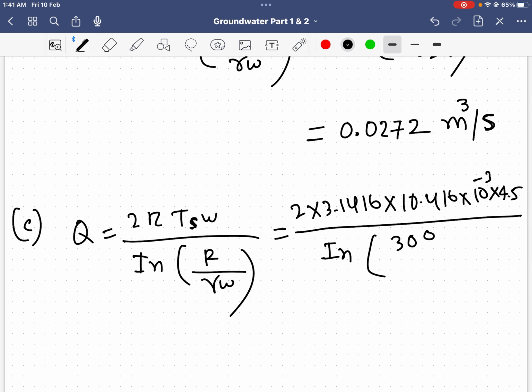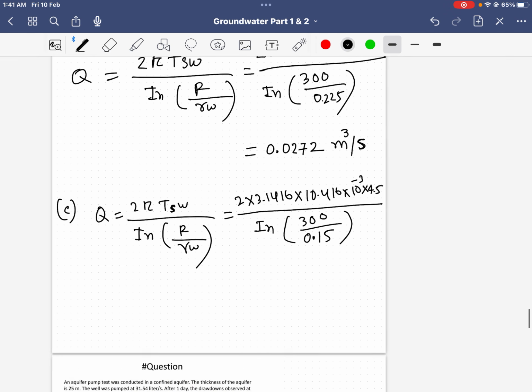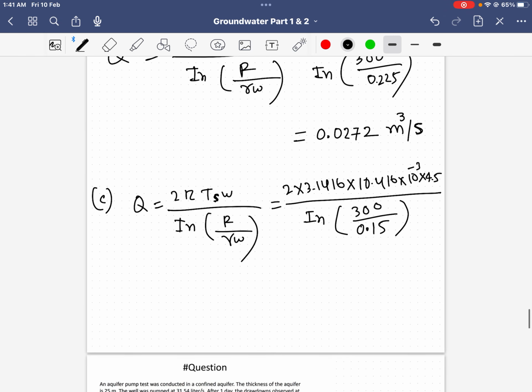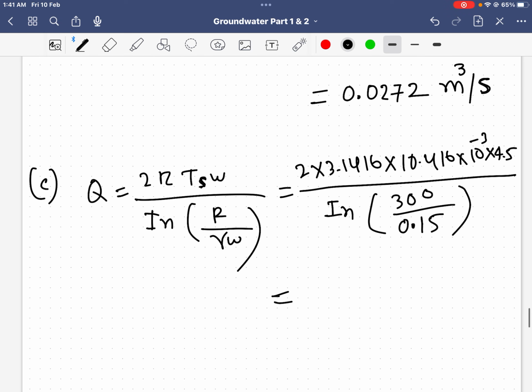R is 300, the same radius of influence, and Rw is 0.15, as in example 3 that I just finished. If I do the calculation, I will get 0.0387 meter cube per second.